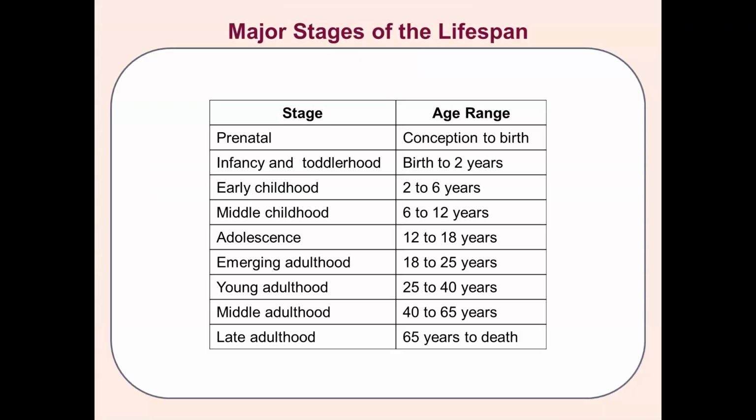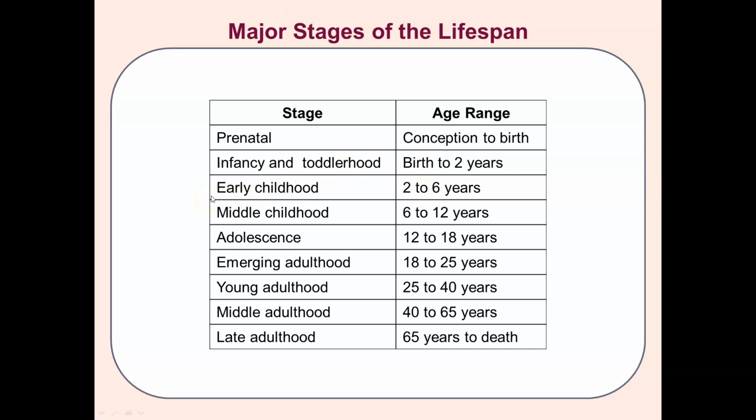Going forward, as I mentioned earlier, we're going to take a look at the various stages of the lifespan. So here they are. They are prenatal, and that's conception to birth. Then the next stage is infancy and toddlerhood, and that's birth to 2 years old.